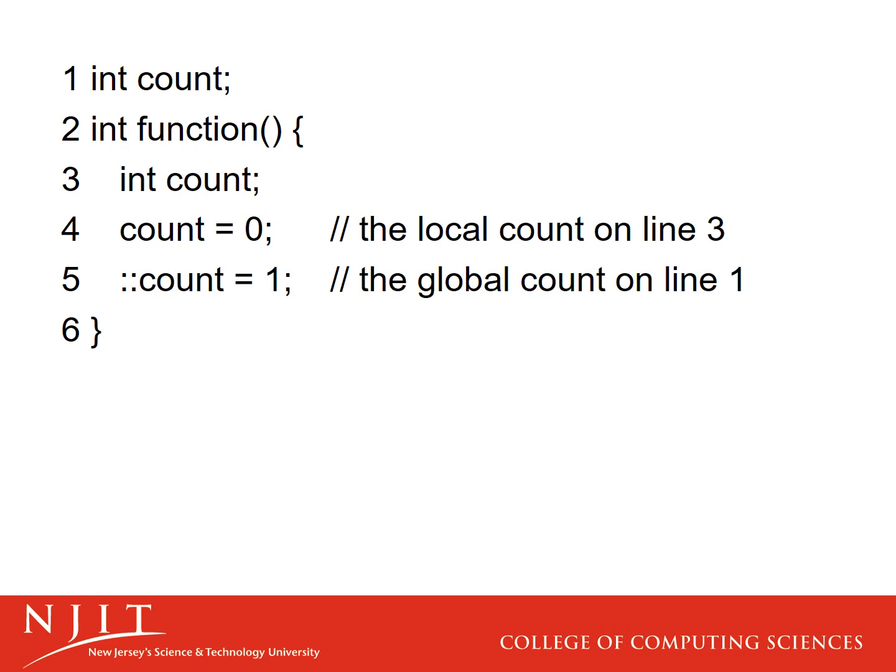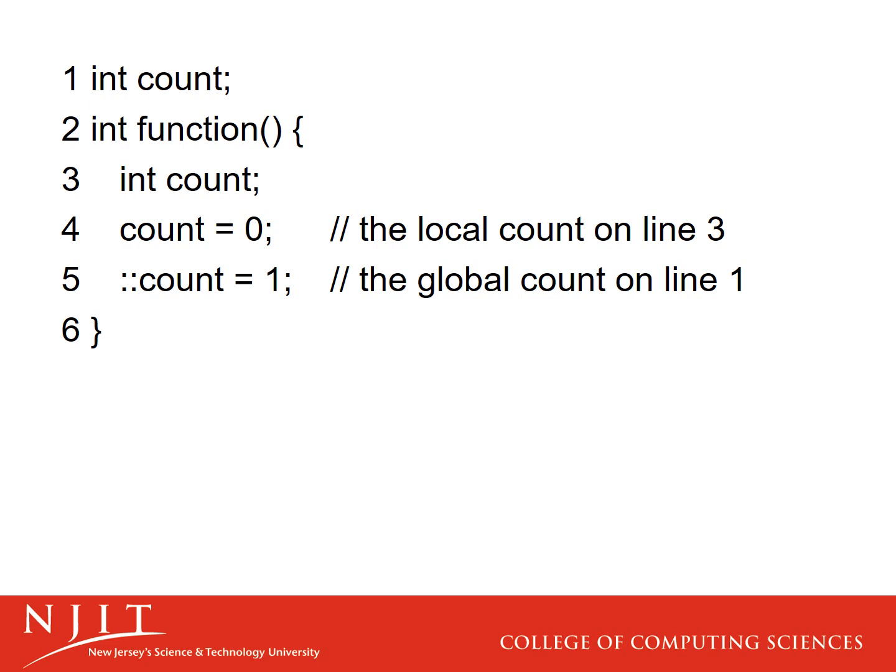The declaration of count at line 3 hides the declaration of count at line 1. So if I try and assign to count on line 4, I'm accessing the count that I declared at the local scope. The externally declared count is hidden.